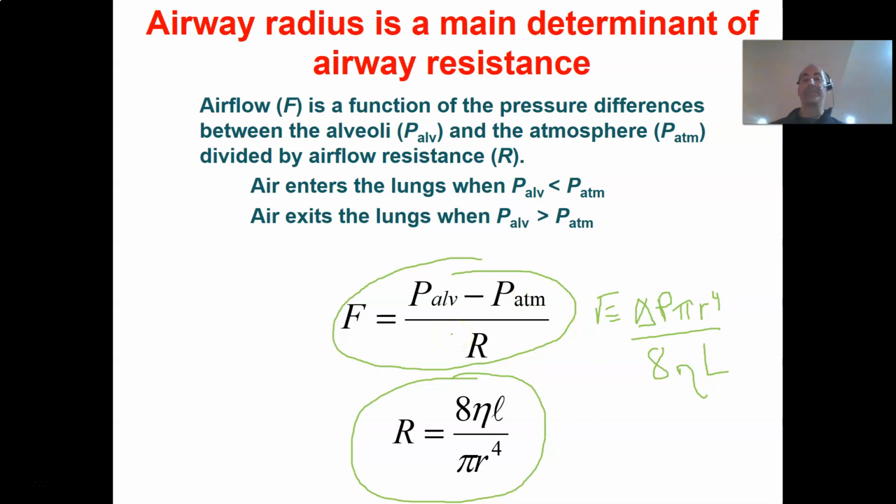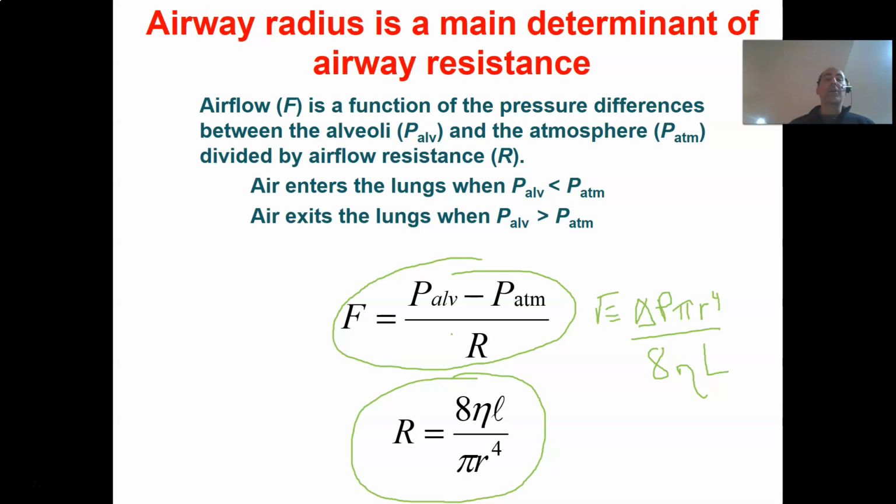It's a different form. We already know that air enters the lungs when the alveolar pressure is less than atmospheric, because remember, atmospheric is 0 no matter where you are on the planet. And in order for air to flow into the lungs, it has to flow down its pressure gradient.